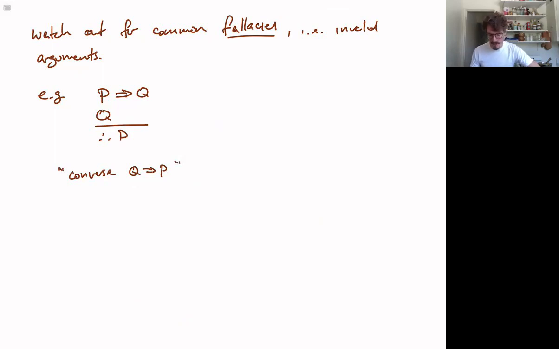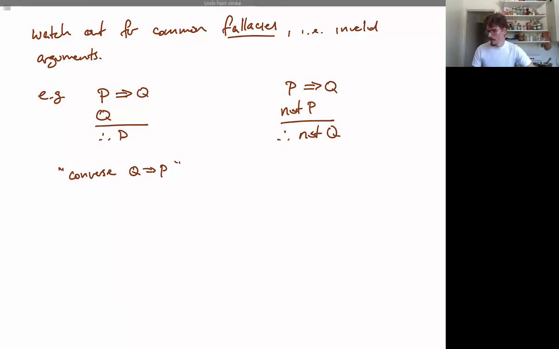Here's another one along similar lines. P implies Q, not P, therefore not Q. Again, this is quite similar in the sense that it looks vaguely like the modus ponens rule that we keep using, but we're using a slightly different version, which turns out not to work.